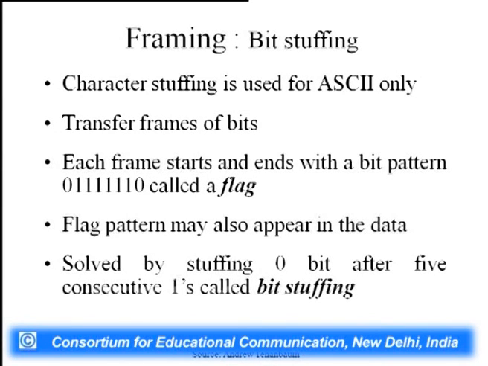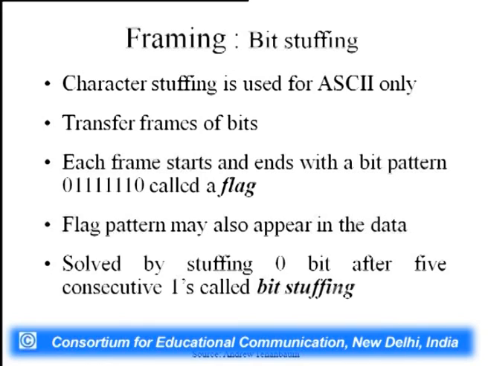Now, another approach, rather than character stuffing, is bit stuffing. If you are transmitting message as ASCII, then character stuffing may be useful, but sometimes we transmit bits rather than characters, even though the characters are ultimately converted into bits.